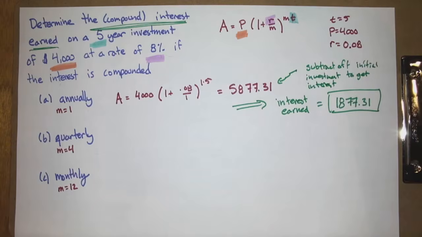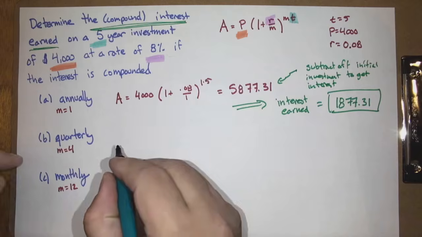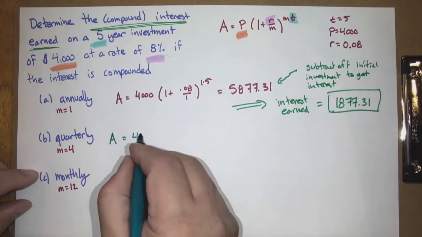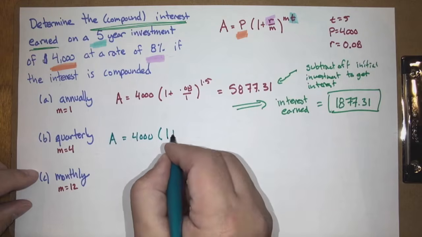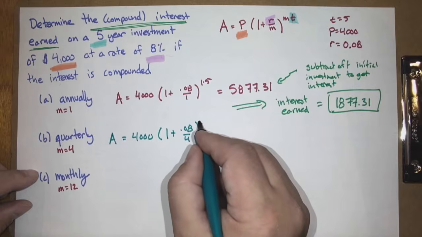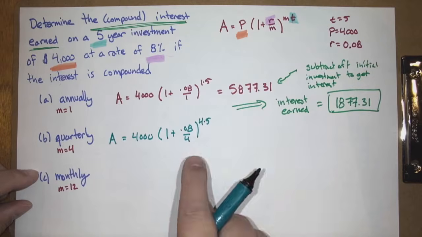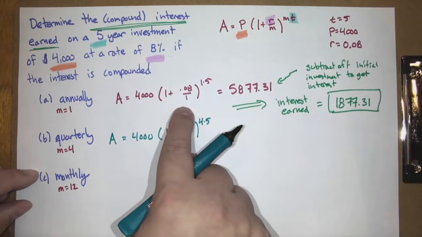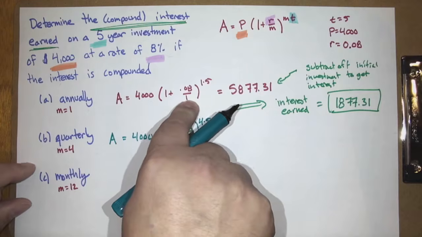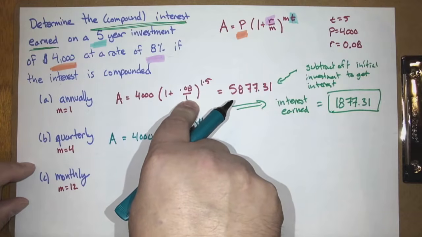Well, that was annually, and the rest of them are going to be very similar. So hopefully we'll get into our groove here. We say, okay, quarterly, what changes? Well, we only have to change the M. So you get A is 4,000 times 1 plus 0.08 divided by 4 to the 4 times 5. Now notice, just a comment here, this says every time that you charge interest, you get 8% more added on.